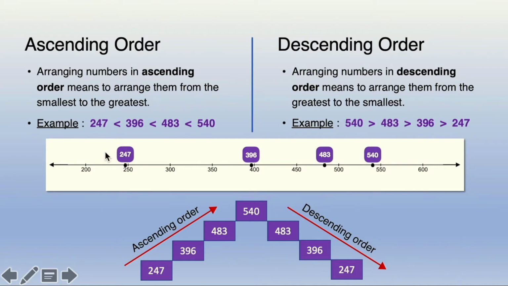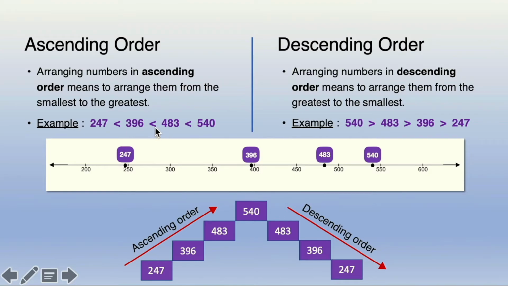Now, the next number along this number line out of these 4 numbers is 396, which is greater than this number 247, but it is less than the remaining 2 numbers. So this is our second number in the ascending order.